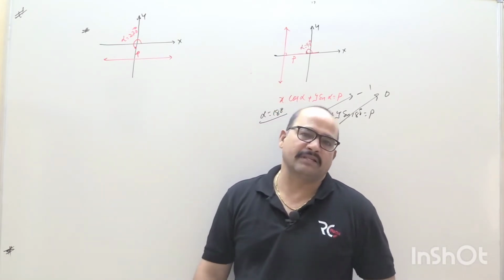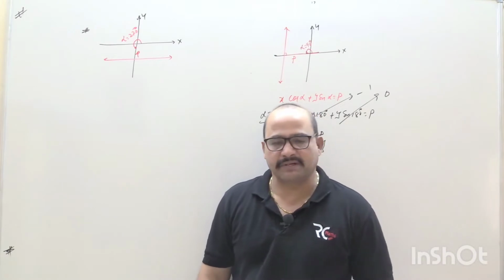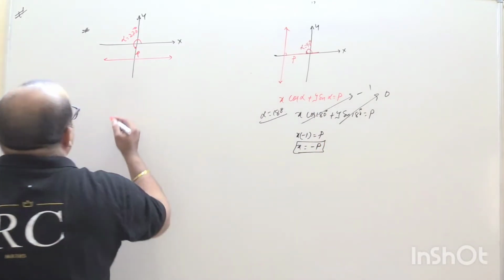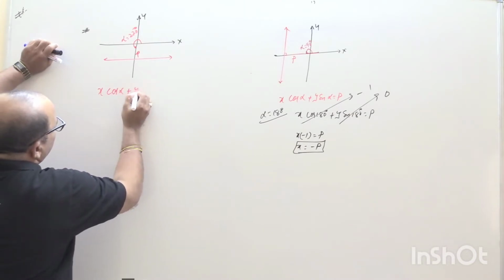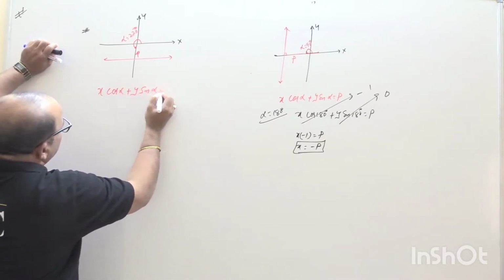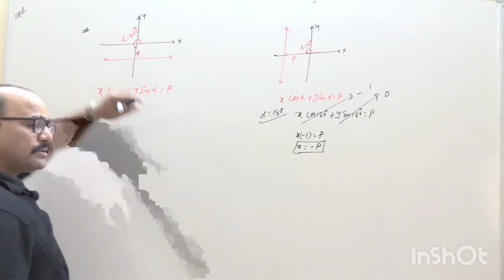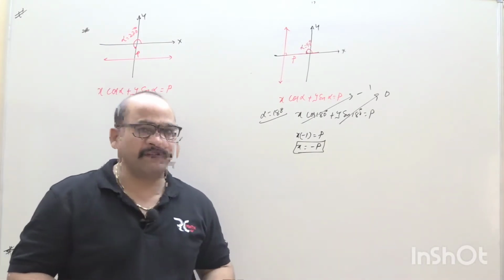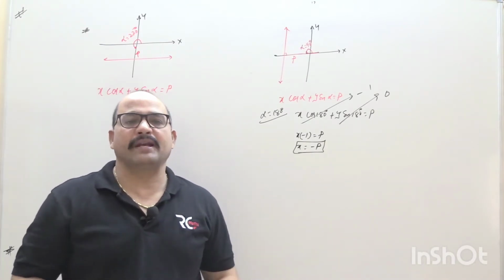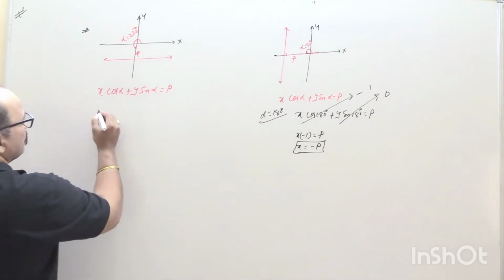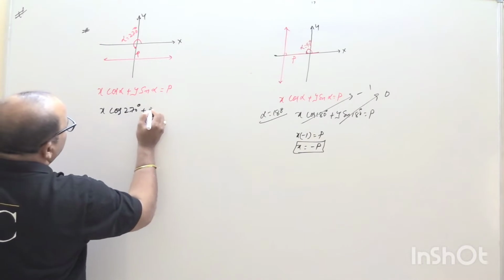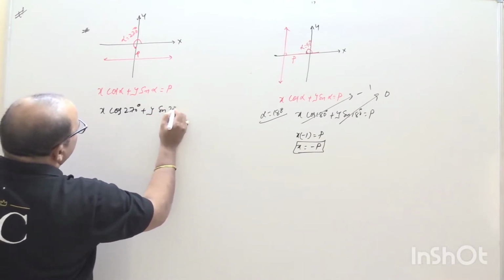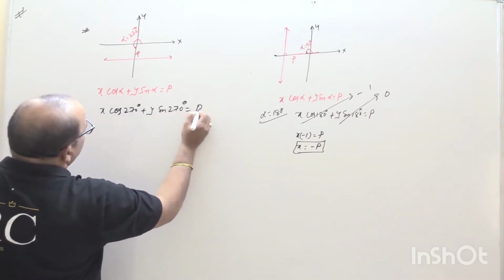Now x cos alpha plus y sin alpha is equal to p. In place of alpha I write 270 degrees: x cos 270 degrees plus y sin 270 degrees is equal to p.